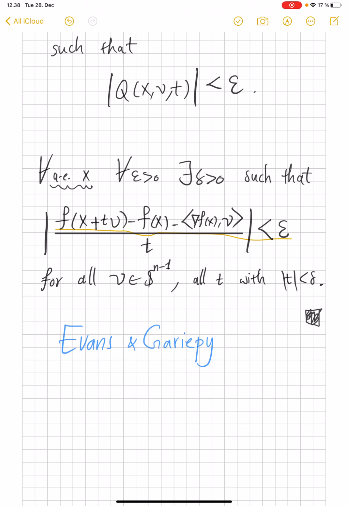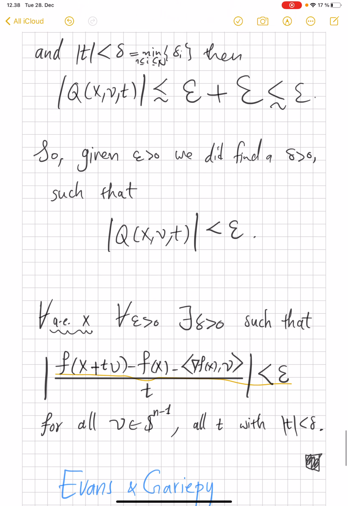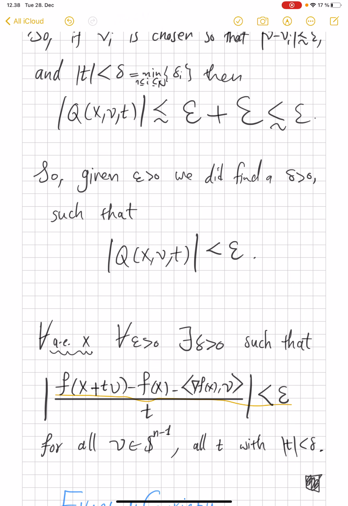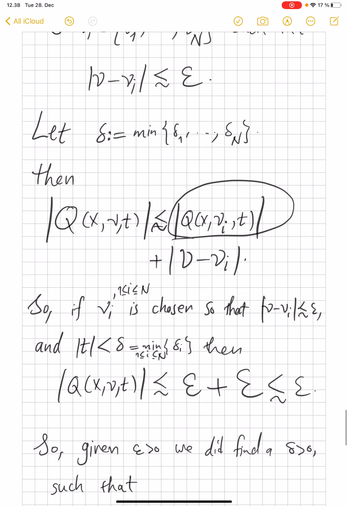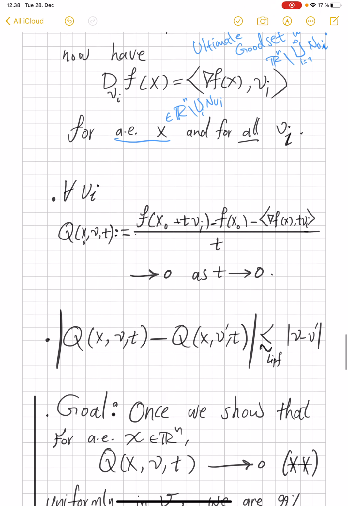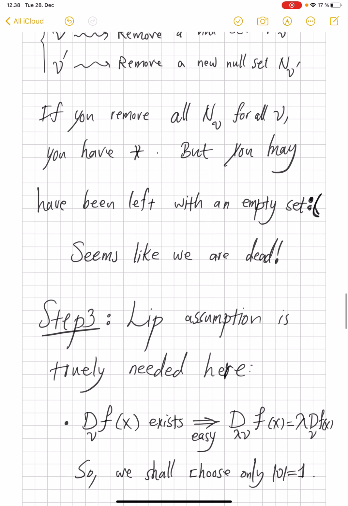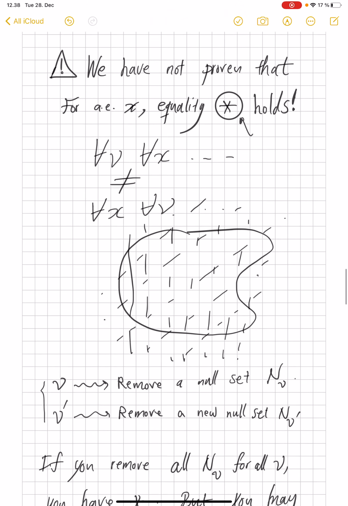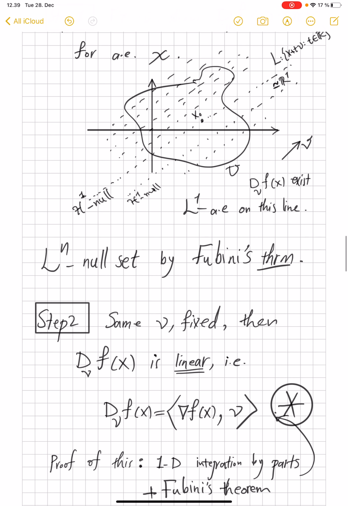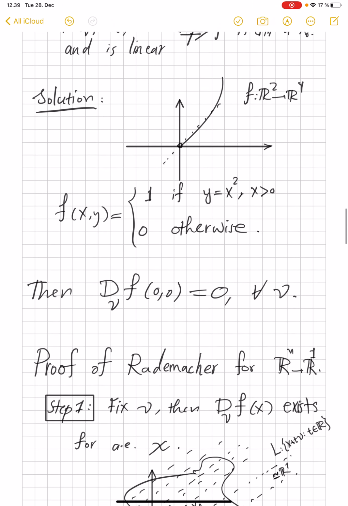The proofs usually follow this path, but they are usually tricky, the notation for example, and you have to be really thinking about what is proven and what is not. That's why I decided to present this, because I thought I'm adding something. The intricate part of the proof is to keep track of what you have proved and what you have not. And the rest is also beautiful applications of Fubini's theorem and other geometric constructions. So I hope you enjoyed this video.